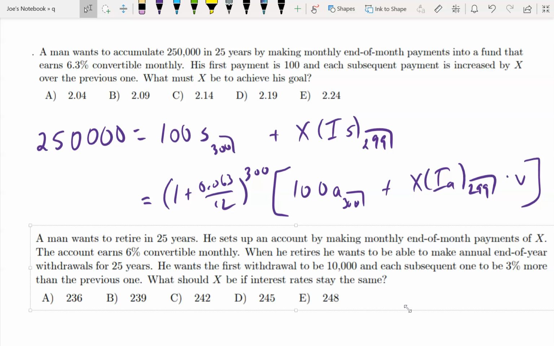For the X part, definitely either. For the X part, it's supposed to be, like, this is 0.063, right? Over 12. And then this is discount, right? Yes. And then this is 0.063 over 12, except it has to be 0.063 over 12 over 1 plus 0.063 over 12.